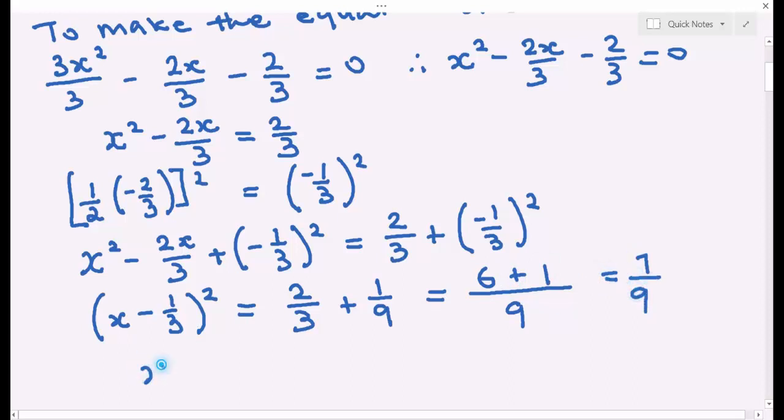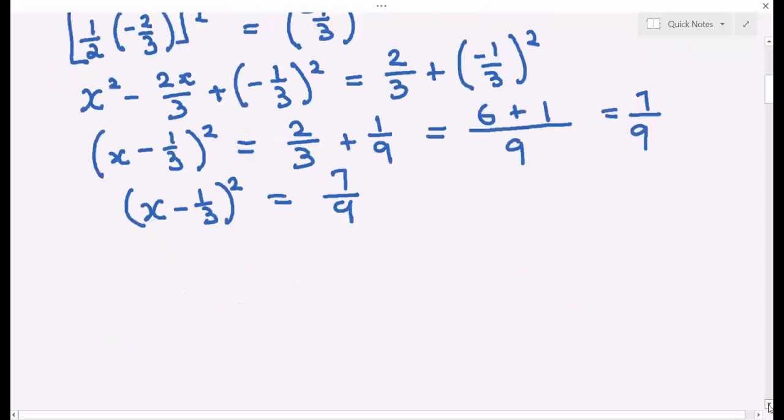So our x minus 1 over 3 all squared is equal to 7 over 9. So we take roots of both sides.